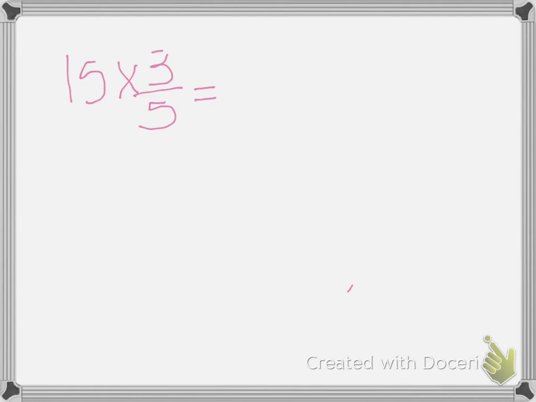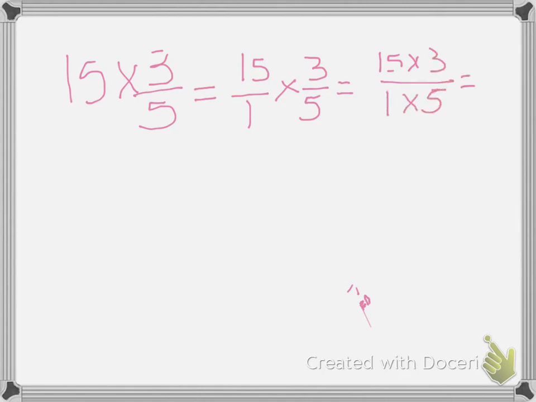Okay, so you should have solved this one. So you should know 15 over 1 times 3 over 5. And then what did you do? You did 15 times 3, very good, over 1 times 5, excellent. And 15 times 3, now do we know 15 times 3?